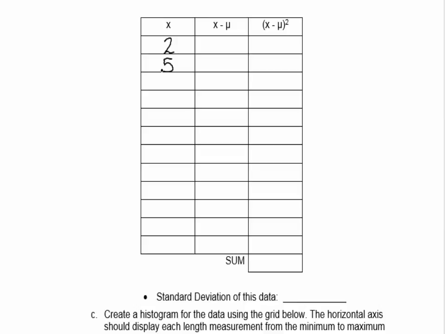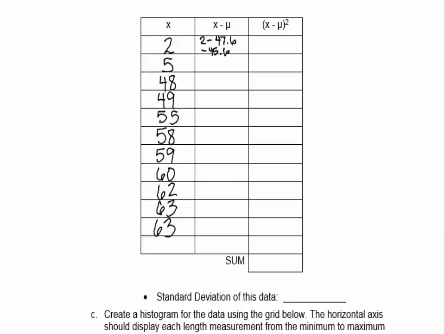Guys, the only person that should be talking right now is me. So from the front page, in the first column, write down your data points. All right, so now we're going to take each one of those data points and subtract the mean. So this one we're going to do 2 minus our mean, which was 47.6, and that's negative 45.6.